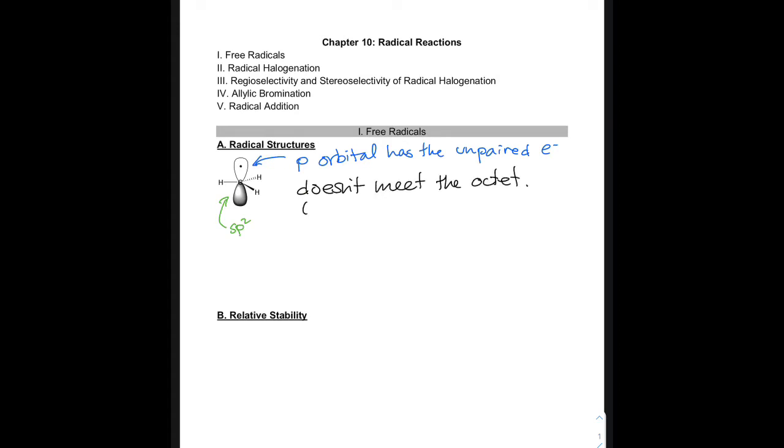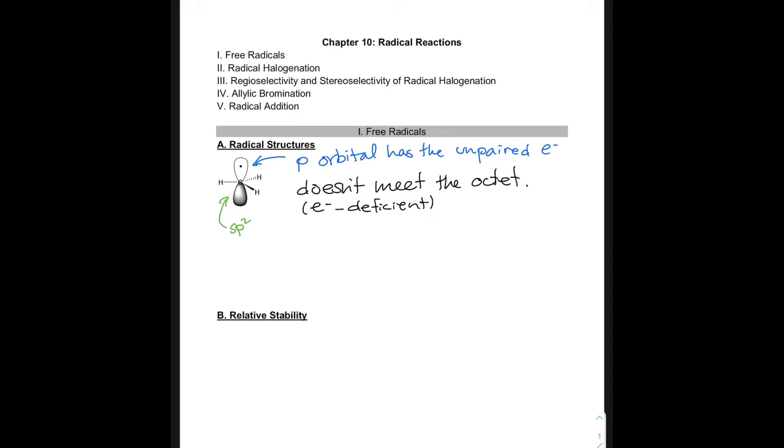So it's a very electron deficient species. You can probably guess now that it'll basically react like an electrophile, because it is, and also because it's electrophilic and very electron deficient, it gets stabilized by other substituents that are electron rich.